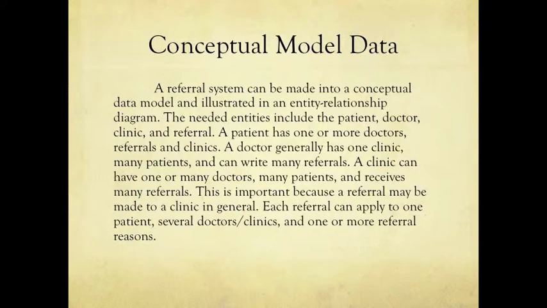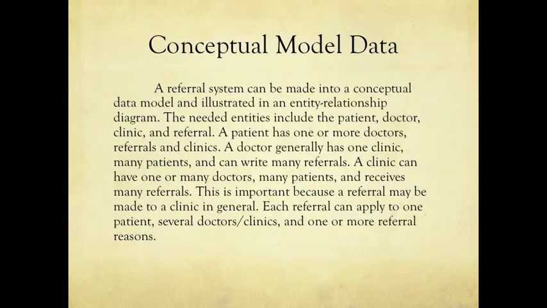A referral system can be made into a conceptual data model and illustrated in an entity relationship diagram. The needed entities include patient, doctor, clinic, and referral. A patient has one or many doctors, referrals, and clinics. A doctor generally has one clinic, many patients, and can write many referrals. A clinic can have one or many doctors, many patients, and receives many referrals.